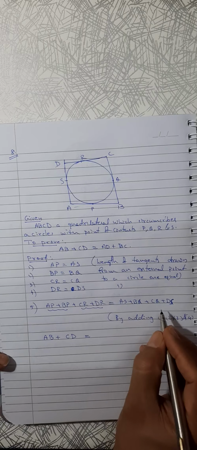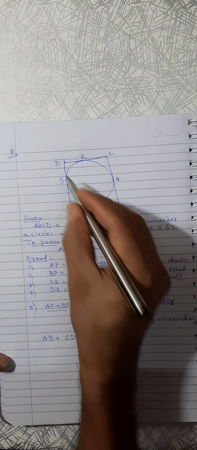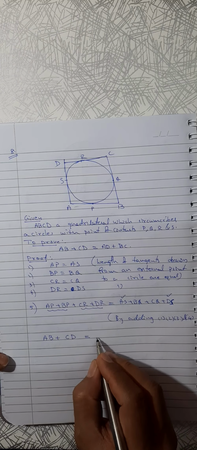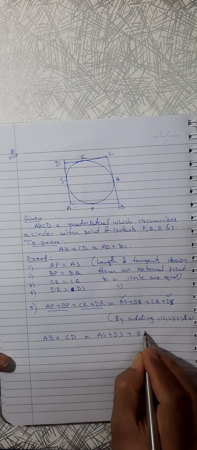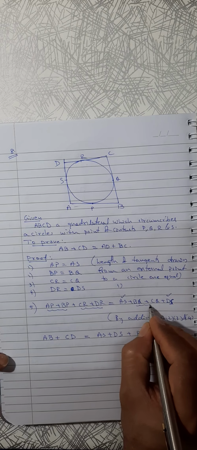Equal to the right side, when we are adding, AS plus DS. AS first and last, if I am combining, it becomes AS plus DS plus BQ plus CQ, the middle ones.